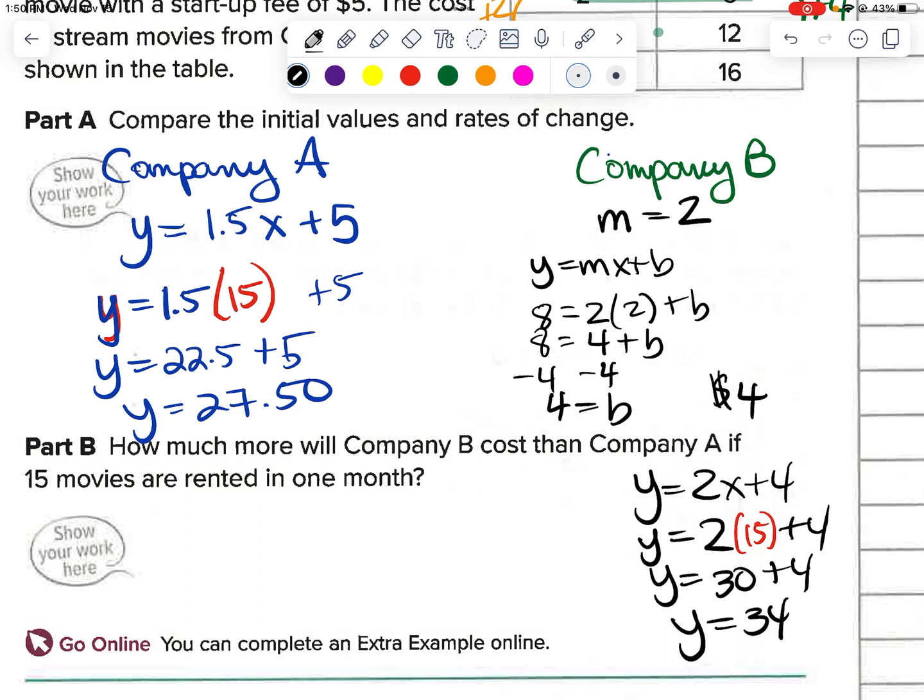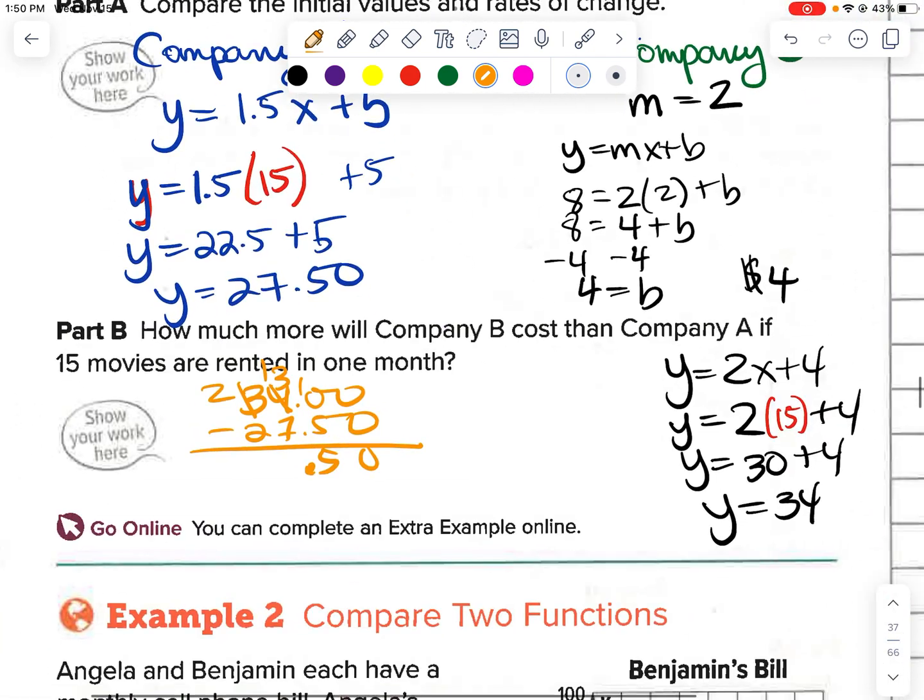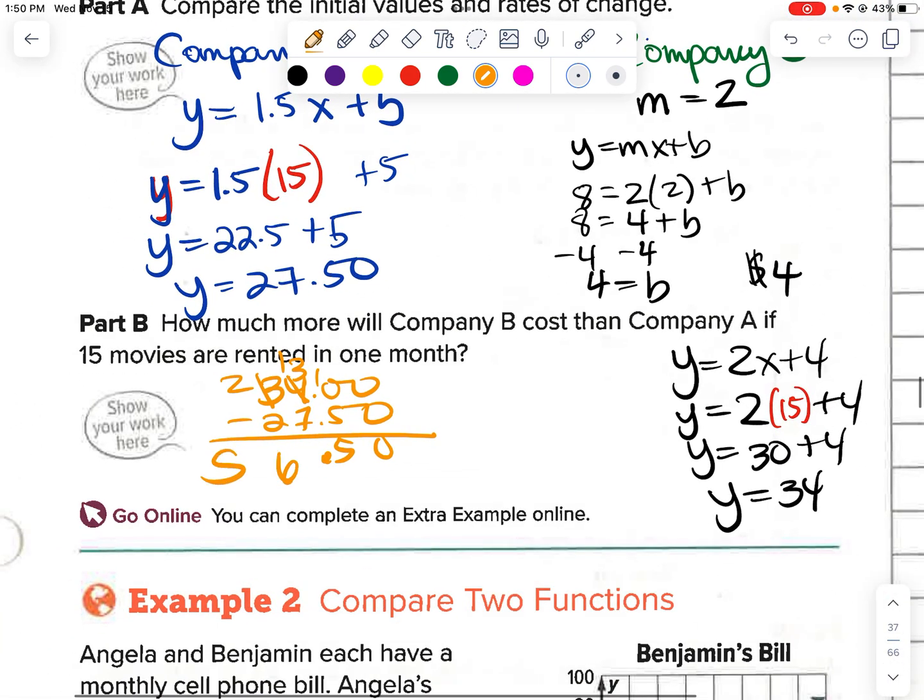So I'm going to take $34 and subtract $27.50. So it is $6.50 more for Company B.